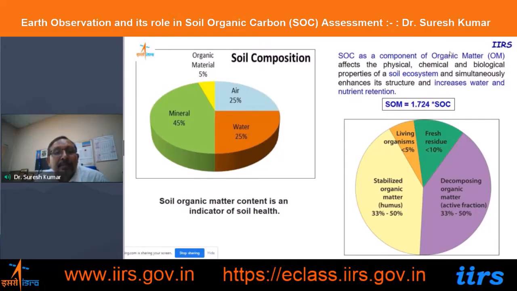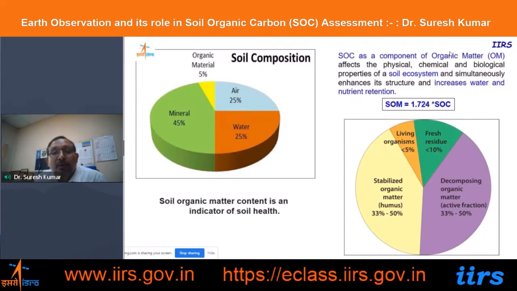When erosion takes place, the topsoil gets eroded, and we know the highest amount of organic carbon is present in the top soil layer. If erosion takes place, there will be particle detachment, and the soil gets translocated and distributed over the landscape.